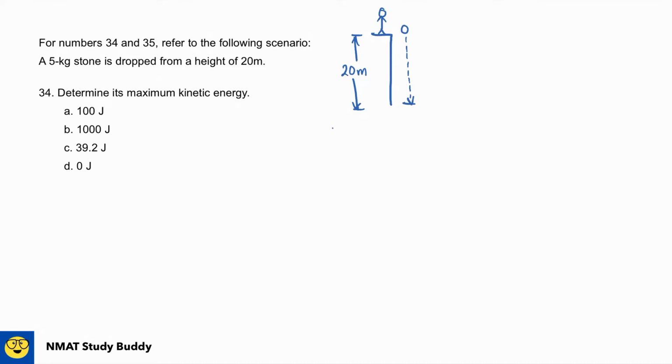So, pinapakuha yung maximum kinetic energy. So, kinetic energy is equal to 1/2 times the mass times velocity squared. So, yung mass is already given, which is 5 kilograms. And hindi naman siya magbabago-bago, di ba? So, constant lang siya. Yung mag-change dyan is yung velocity. So, kailan ba highest yung velocity?